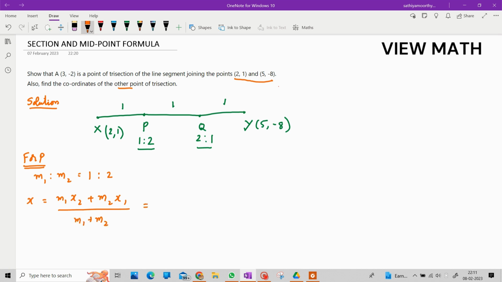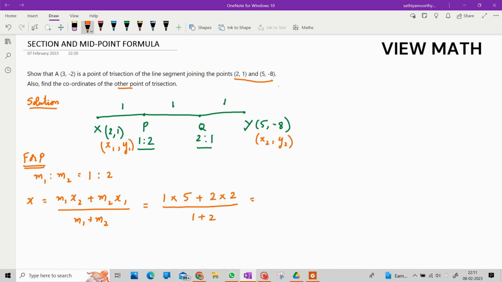Now let me substitute. So which is my x1? This is my x1, which is 2, and y1 is 1. Now x2 is 5 and y2 is minus 8. Okay, now let me substitute. m1 is 1 into x2 which is 5, plus m2 is 2 and x1 is 2, divided by 1 plus 2.